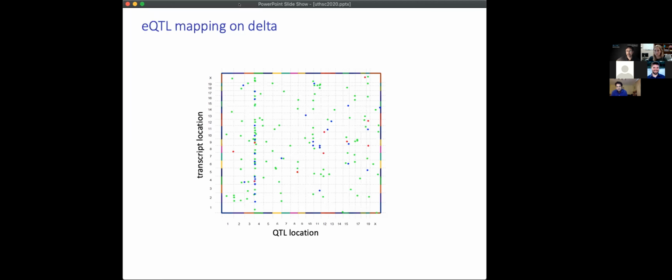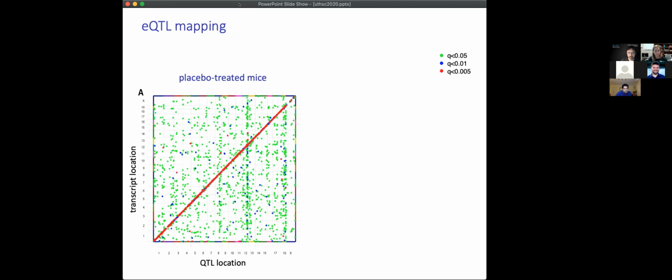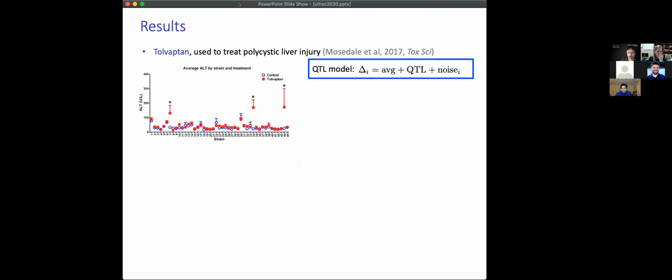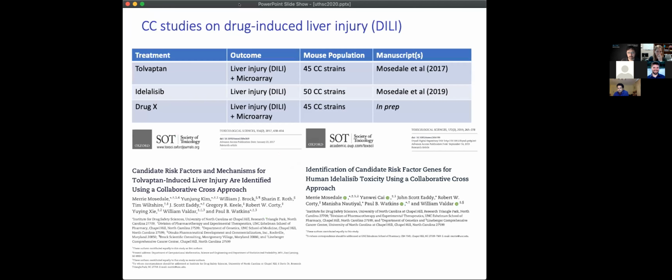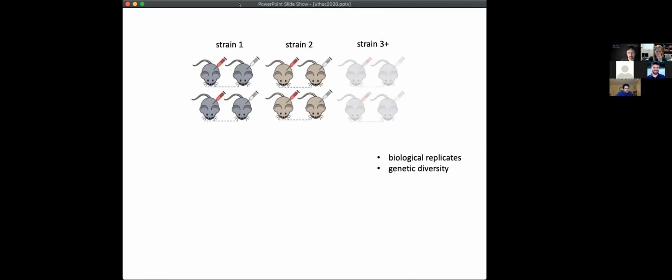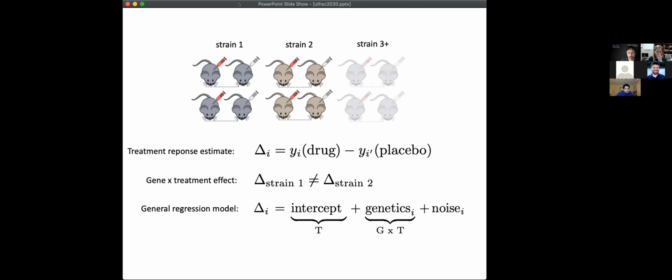Something else that I don't talk about here is the transformation. Let me find the best slide to talk about it.